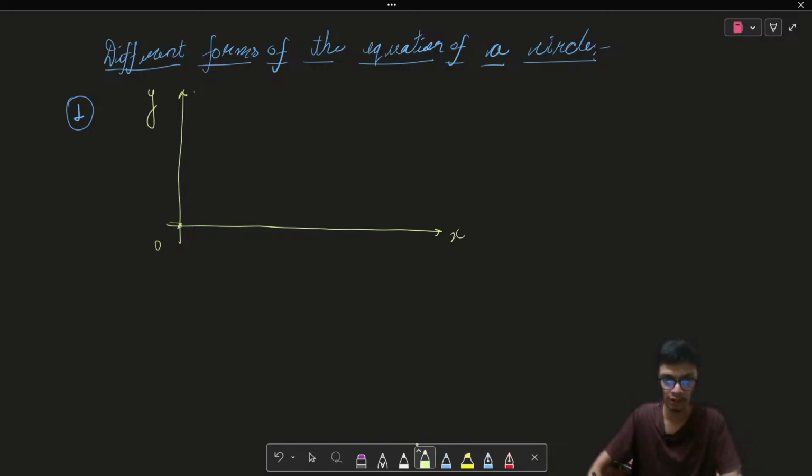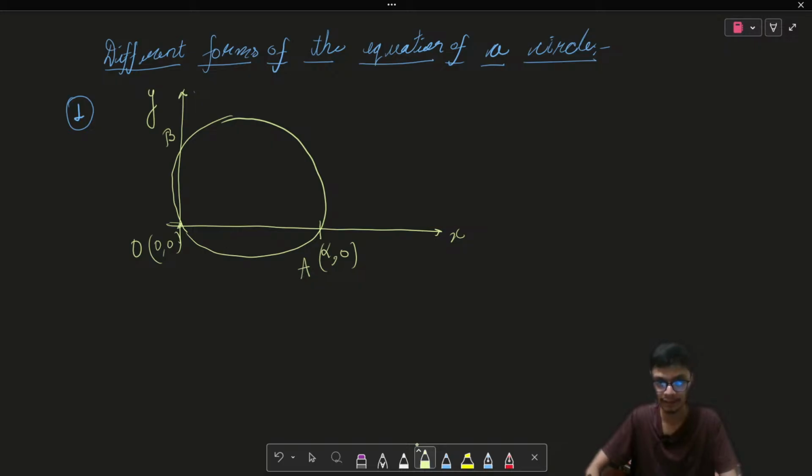The circle passes through the origin and has an intercept of alpha comma 0, that is, alpha is the x-intercept, so the point where the circle intersects the x-axis is alpha comma 0, and the point where the circle intersects the y-axis is 0 comma beta, because alpha and beta are the x and y intercepts. This is how the question will look. Somewhere we will have the center over here.